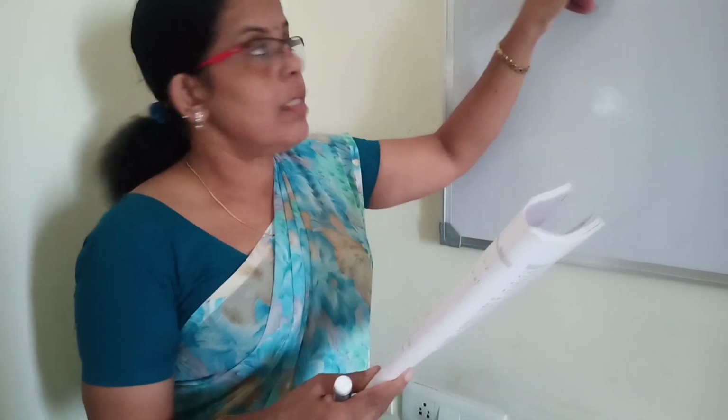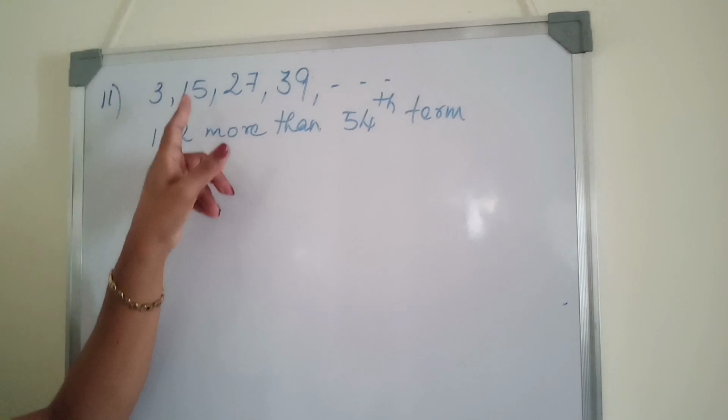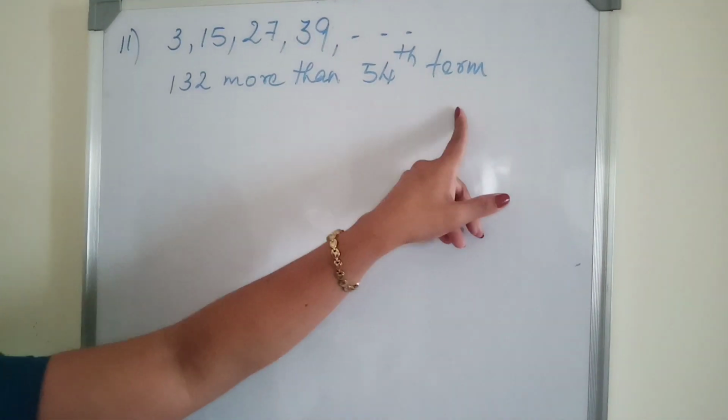Eleventh sum is, which term of the AP 3, 15, 27, 39, etc. will be 132 more than its 54th term? This is the AP 3, 15, 27, 39, etc. In this, which term of the AP is 132 more than 54th term?